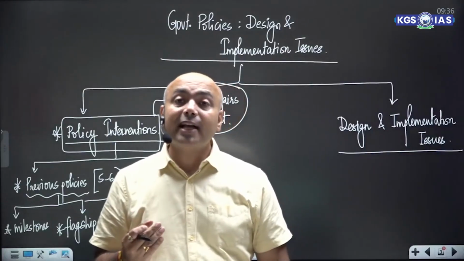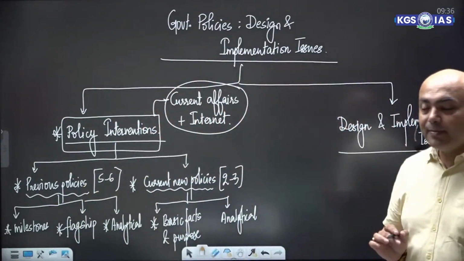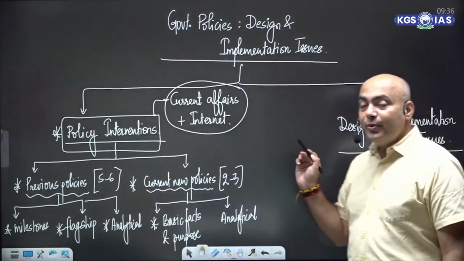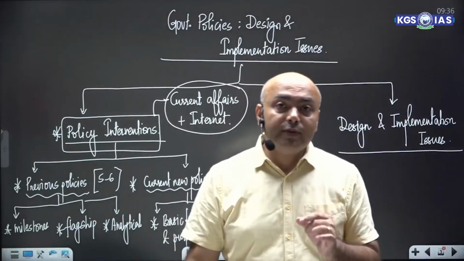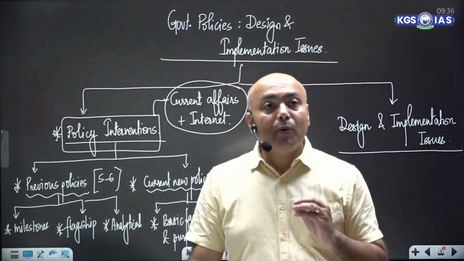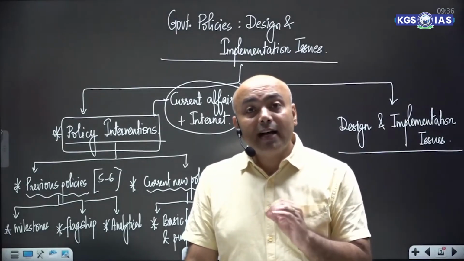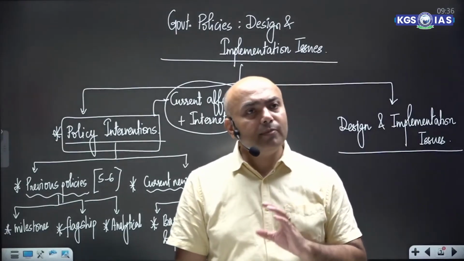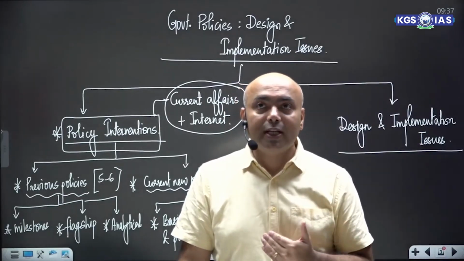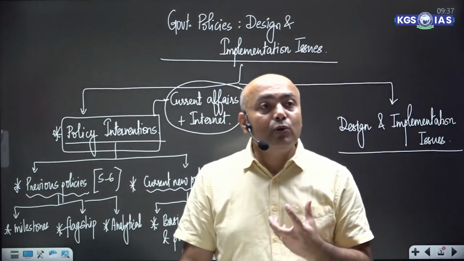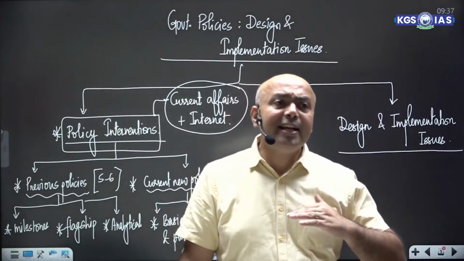Whenever we talk about policies, in India, most of the times you will find that the policies are unable to achieve the goals that they desire to. बहुत बार आपने देखा होगा जो डिजायर्ड गोल्स होते हैं उन्हें शायद अचीव नहीं किया जा सकता, नहीं कर पाते.